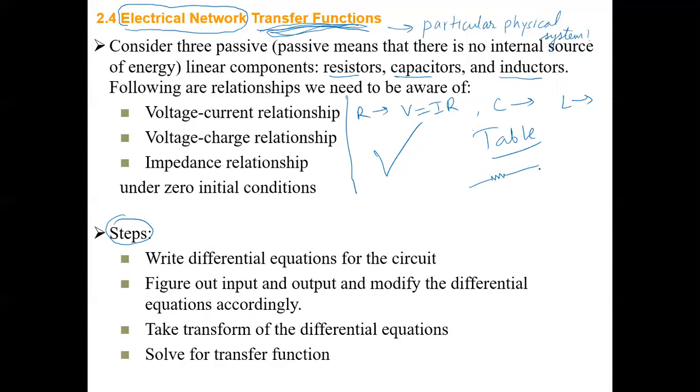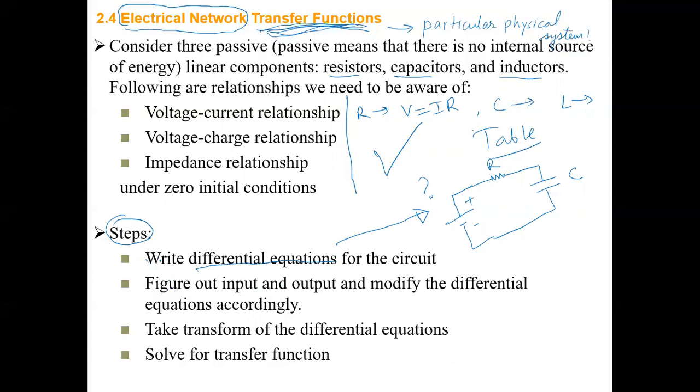You have a resistor and a capacitor for now. This is plus, this is minus of the battery, this is R, this is C. For this circuit, now find the differential equation. What is the differential equation for this circuit?